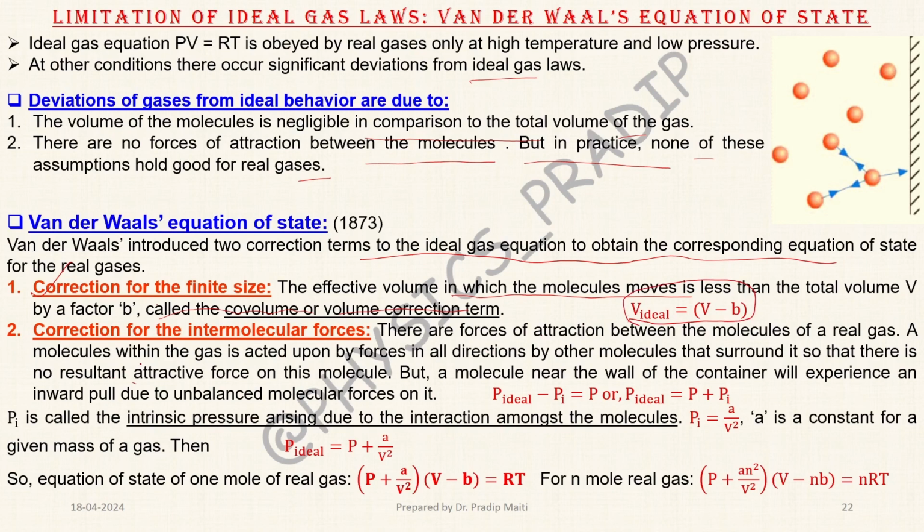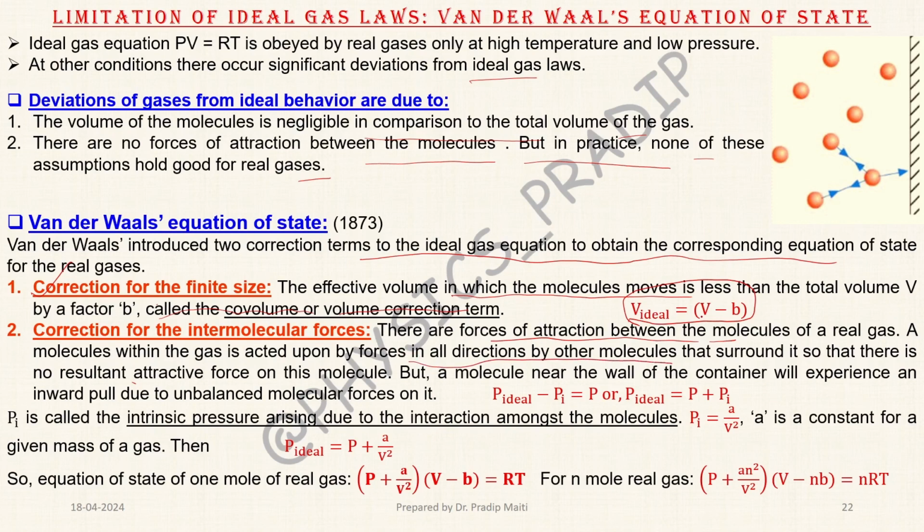Another correction term is the correction for the intermolecular forces. There are forces of attraction between the molecules of a real gas. A molecule within a gas is acted upon by forces in all directions by other molecules.